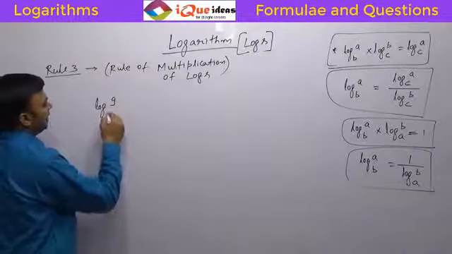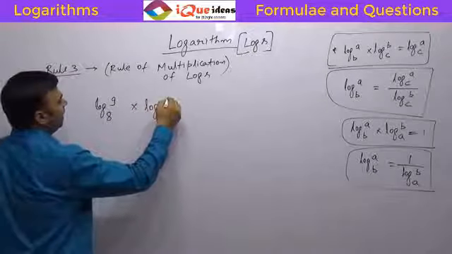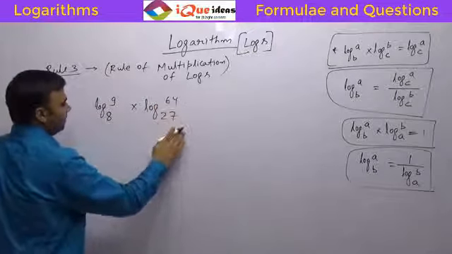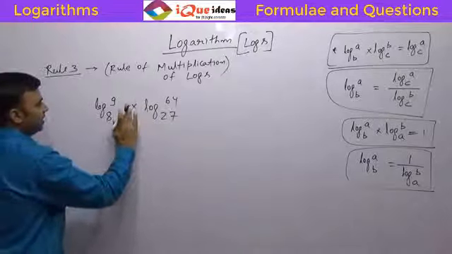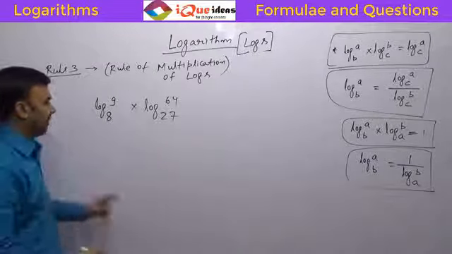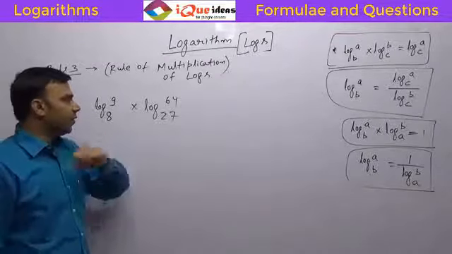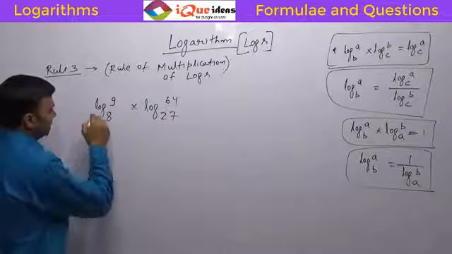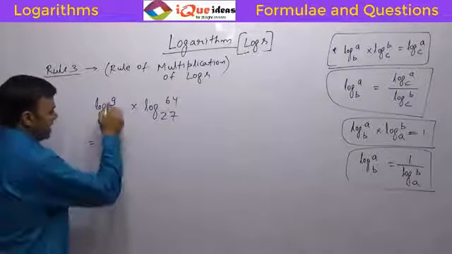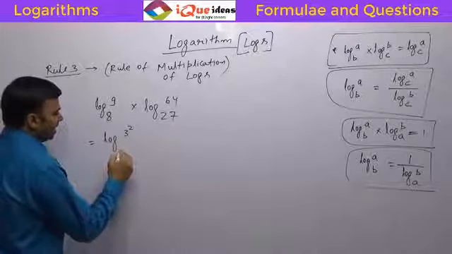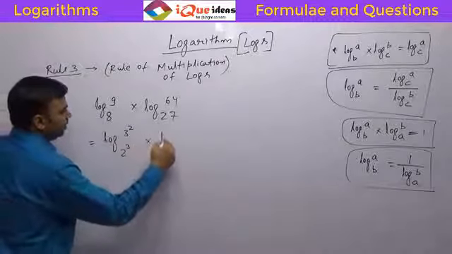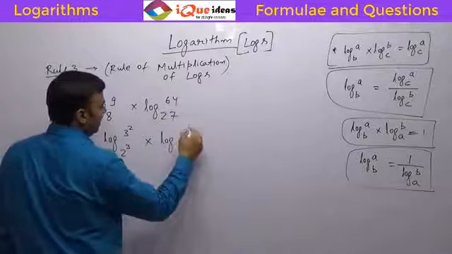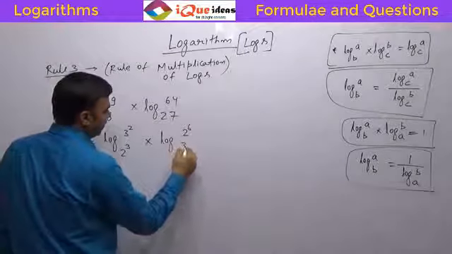Alright, so suppose we have log of 9 to the base 8 into log of 64 to the base 27. Here, if you notice, both 9 and 27 are powers of 3, and 8 and 64 are powers of 2. So let's write 9 as 3 square, 8 as 2 cube, 64 as 2 to the power 6, and 27 as 3 cube.